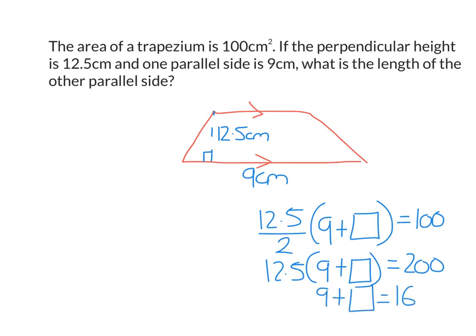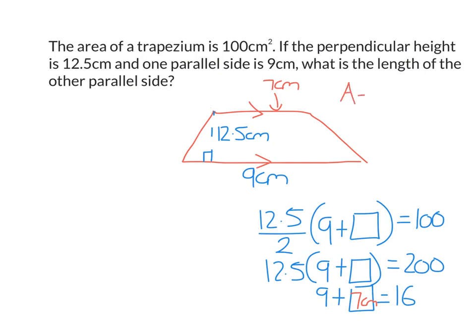See, the two parallel sides must add to 16 because 16, what's in the brackets, times by 12.5 gives 200. And when you divide it by 2, you get 100. So, of course, that means the other parallel side must be 7 centimeters. This side here must be 7 centimeters. So why is that?